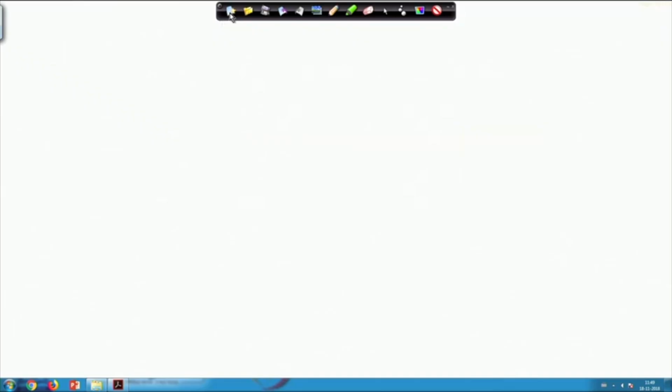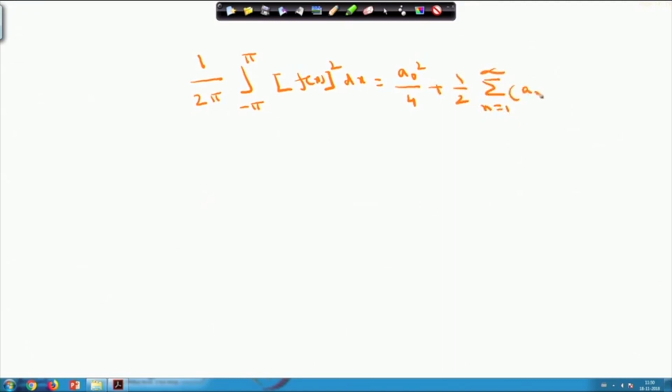Now, from the Parseval's theorem, we know that 1 by twice pi into the integral from minus pi to pi of f(x) square dx is equal to a_0 square by 4 plus half into summation n equals 1 to infinity of a_n square plus b_n square.